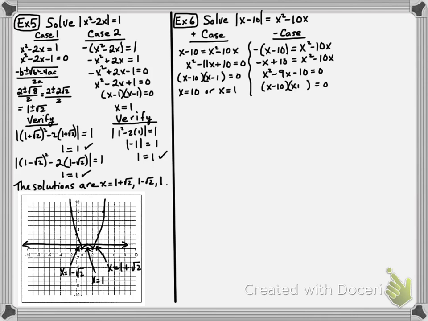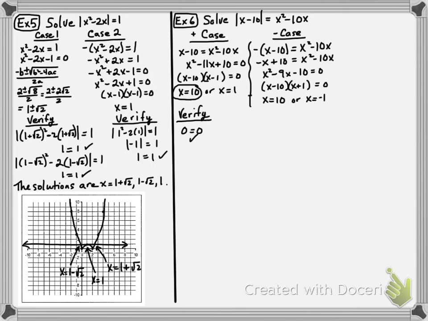And this is also factorable. x minus 10 and x plus 1. x equals positive 10 or x equals negative 1 are our two candidates for solutions. Now, here we have 10 in both of them, so we only have to test that one once. And we have 1 and negative 1, so we've got to test all three.